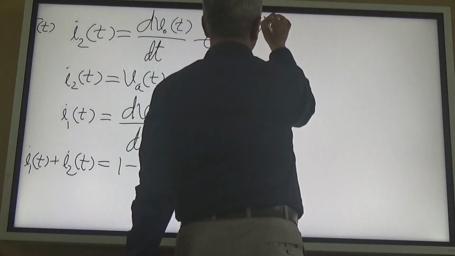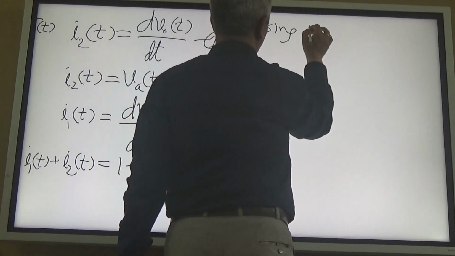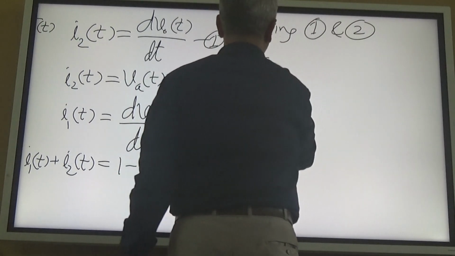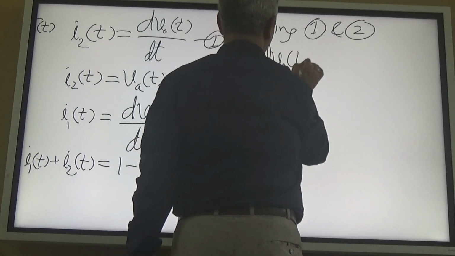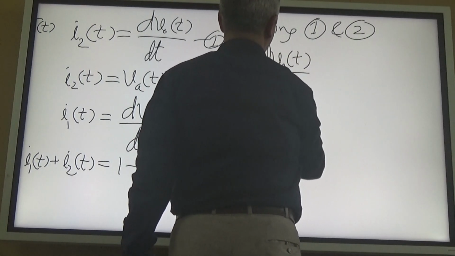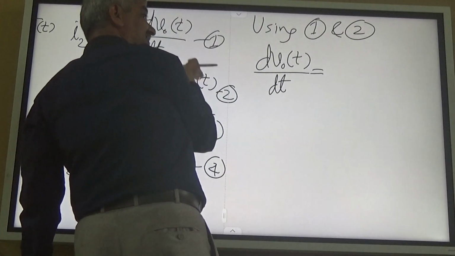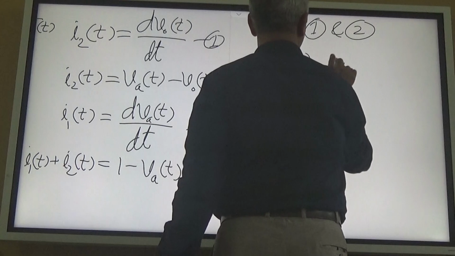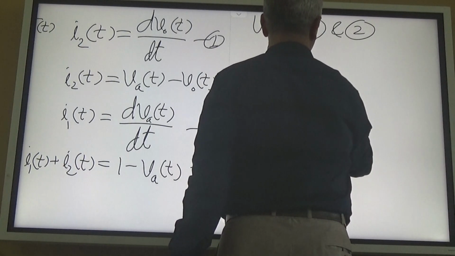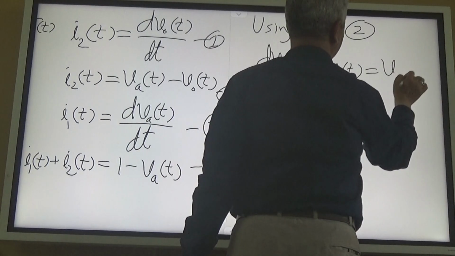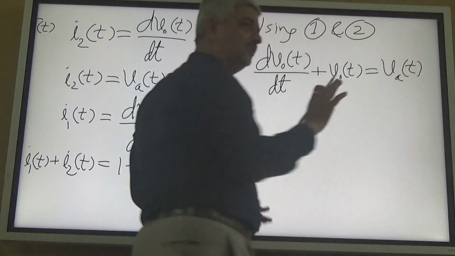Can I write it like this using 1 and 2? dVOT by dt is equal to this plus this. Alternatively, taking this on the left hand side, I hope there is no need for repeating the step, plus VOT is equal to VAT. This is what we got, right?